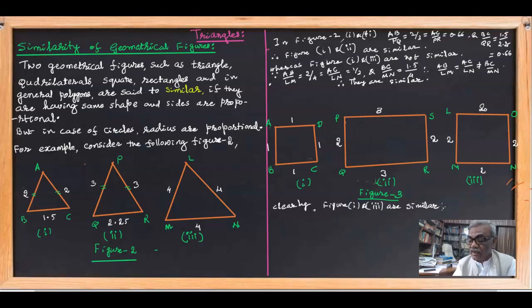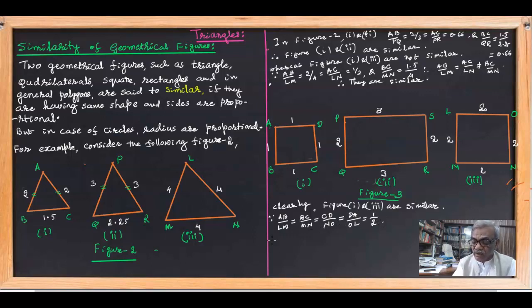Even though different sizes are there in the two figures, the sides are proportional here, because AB by LM, BC by MN, and CD by NO, and DA by OL, all are going to be 1 by 2.